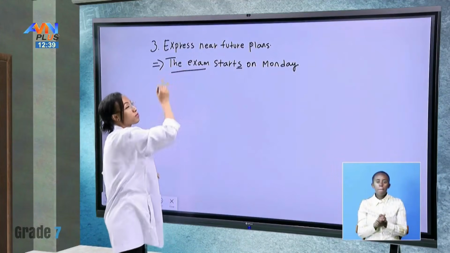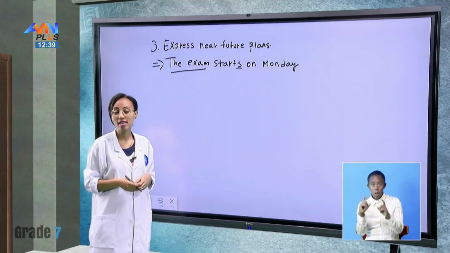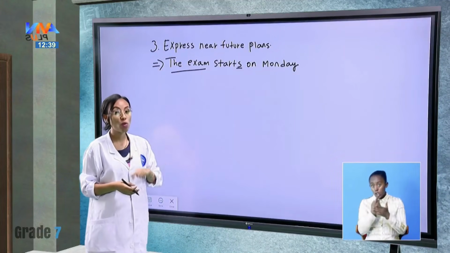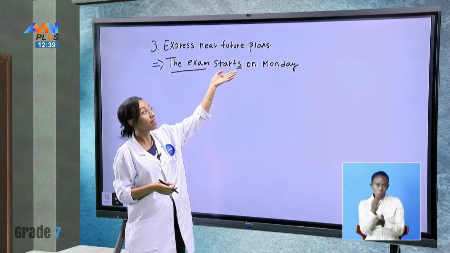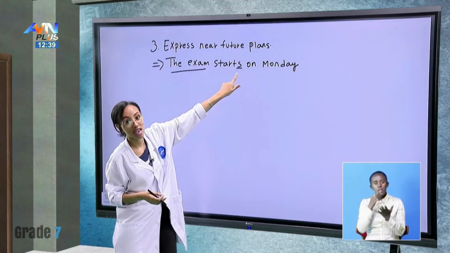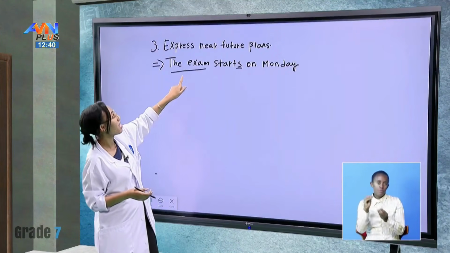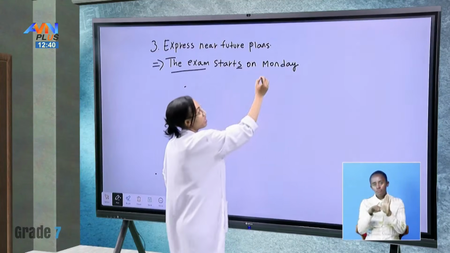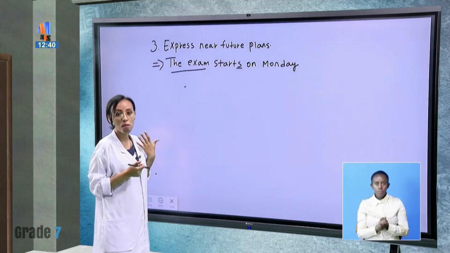The exam refers to it. And as we said earlier, it is the third person singular, and it takes S or ES, depending on the verb, at the end of our verb. So in this case, we have added S here because it takes S, not ES, and the exam is it. Okay, so Monday, again, our object. So the exam starts on Monday.